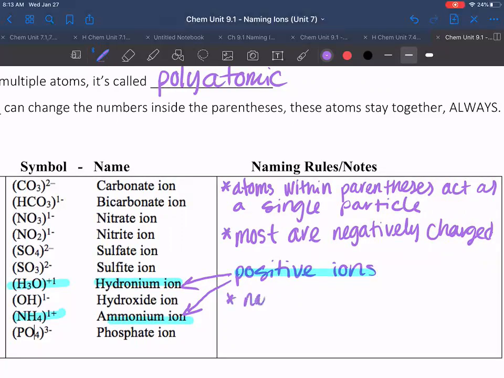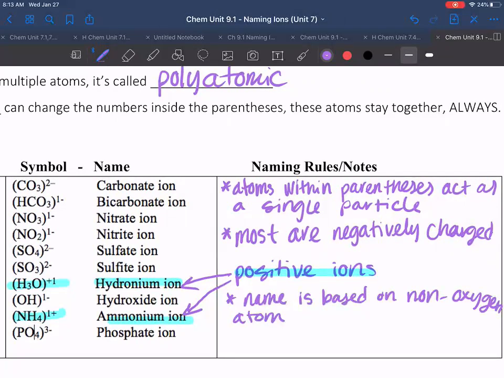So the name is based on the non-oxygen atom. Carbonate is based off of carbon. Bicarbonate has a hydrogen on there. Nitrate, think of nitrogen. Sulfate, sulfur.